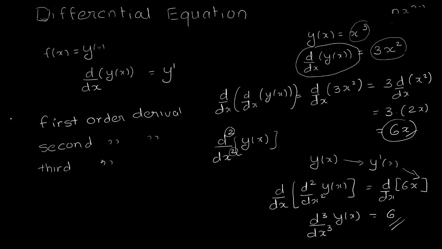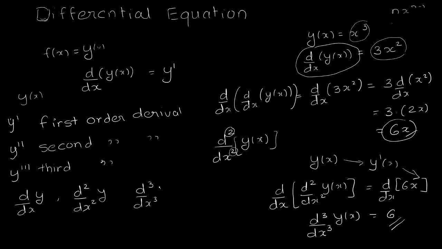So the first order derivative of any function y of x you write as y dash, the second order will be y double dash, the third order will be y triple dash. Or it is the same as first order d by dx of y, or d square by dx square of y, or d cube by dx cube of y, and so on. D raised to 4 y by dx raised to 4, the fourth order derivative. Like this, you can find out.